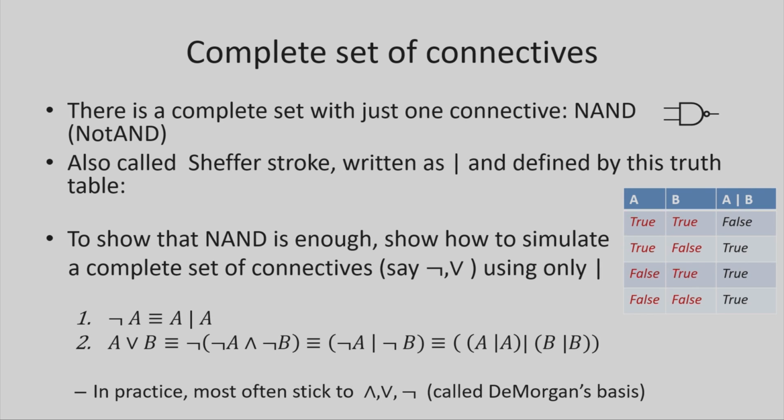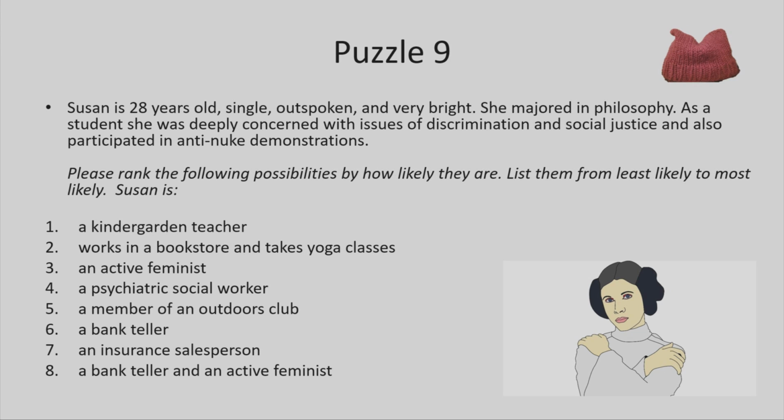Okay, so with this, we will be finishing the first part. We will be finishing talking about propositional logic, and after that we will start talking about more general formulas, more general concepts. Before we do that, here is a puzzle.